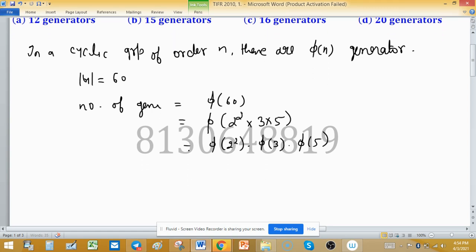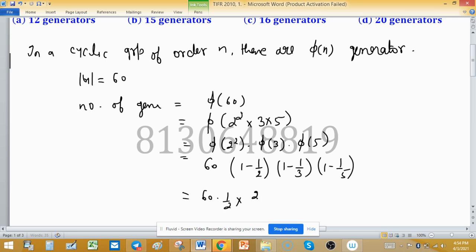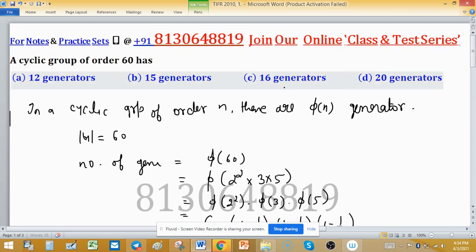Or you can solve further: 60 into (1 minus 1 upon 2), (1 minus 1 upon 3), (1 minus 1 upon 5). This gives 60 into half into 2 by 3 into 4 by 5. 2 cancels out with 2 and 3, then 5 into 3 is 15, 4 is 16. There are 16 generators, so option C is correct.